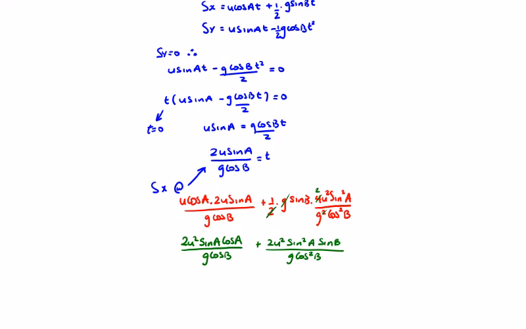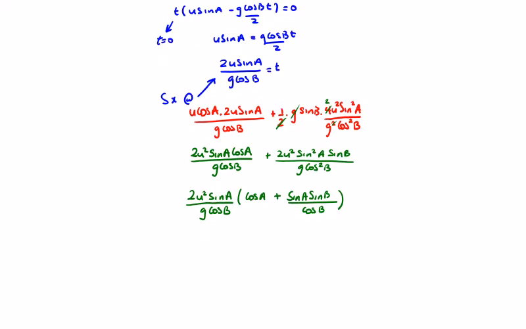There's a lot of similarities here, so let's factor out and see what we're left with. 2u squared sin a is in both, as is g cos b. So that would leave, with the first term, just cos a, and with the second term it's going to be sin a sin b over cos b. Where is this going? Well, the bracket can be simplified.